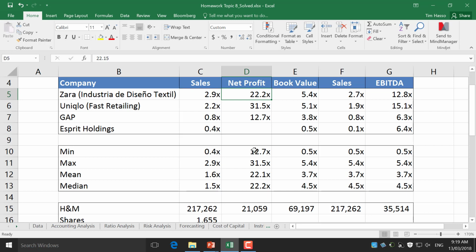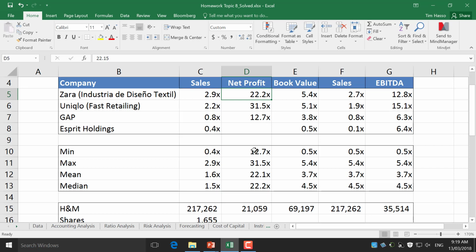Whereas Gap and Esprit, yes, they're clothing retailers that might not be super expensive, but they wouldn't be classified in the same category as H&M, Uniqlo, or Zara, which tend to have very similar business models. So whenever you include a company here which is not perfectly comparable to your firm, it's going to create problems.